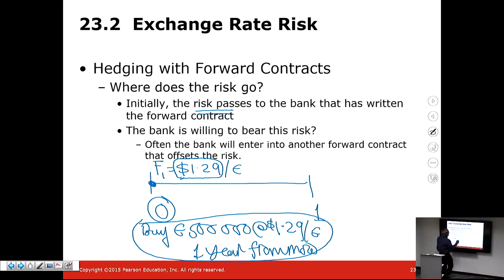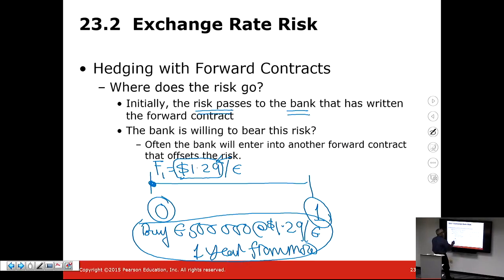Because now the bank is guaranteeing 129 as the currency rate at which they will exchange euros for dollars a year from now. So now the risk, the uncertainty of the future value of the euro, has passed on from you to the bank.